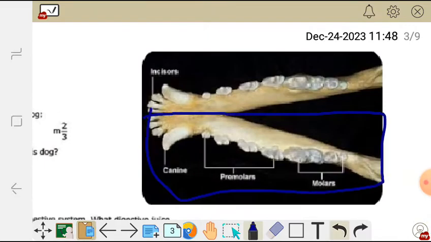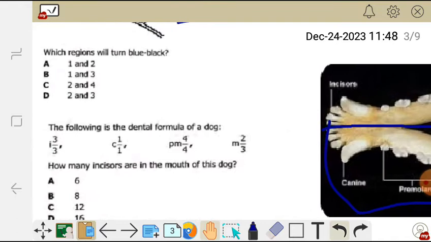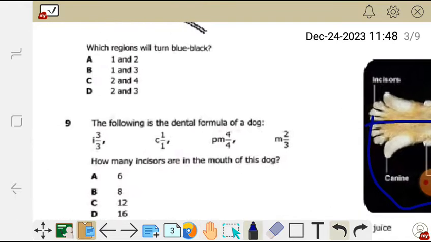Meaning the 3 here implies that the 3 is for the lower jaw and the other 3 is for the upper jaw. So you simply add the 2 and multiply by 2, because the other half is not considered in this formula. That will give you 12. So the correct answer here is 12. So in a dog, we have 12 incisors, which is C.